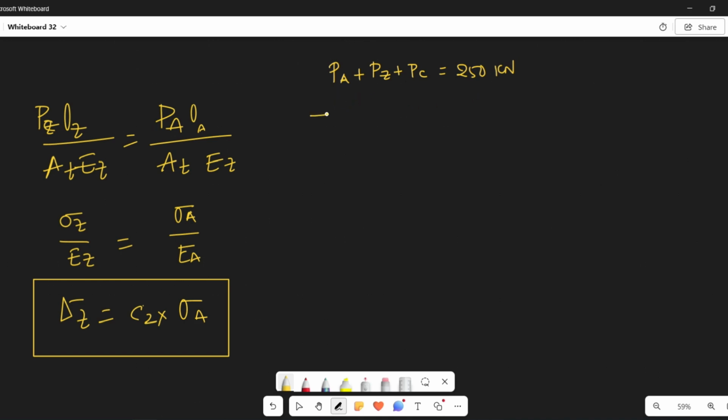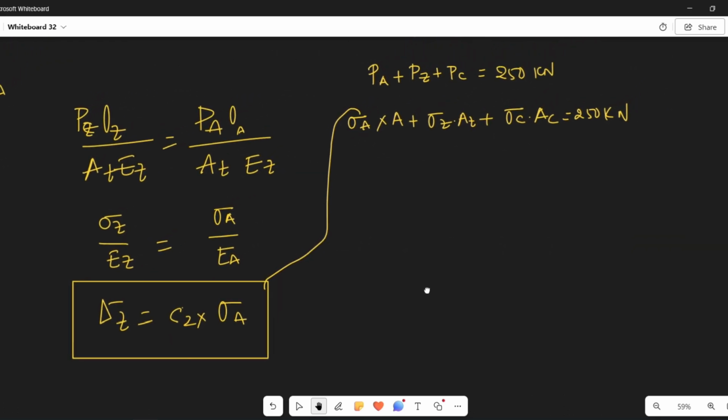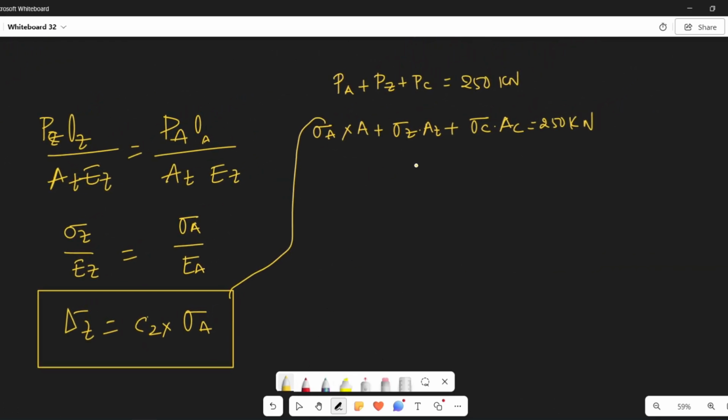Now this P can be written as sigma A into area plus sigma Z plus sigma C. So what you're going to do, you're going to replace sigma A with sigma Z. Then we also have a relation for sigma A and sigma C also. Then use those equations and replace with only one type of constant. Let us say the constant is K.